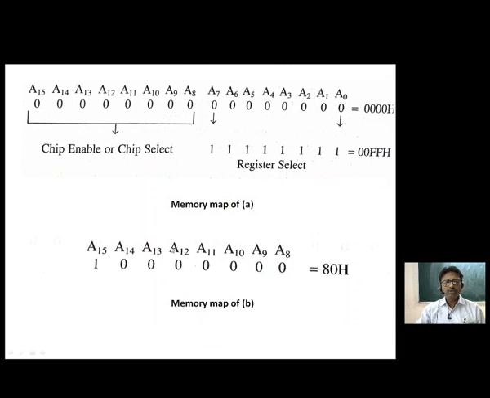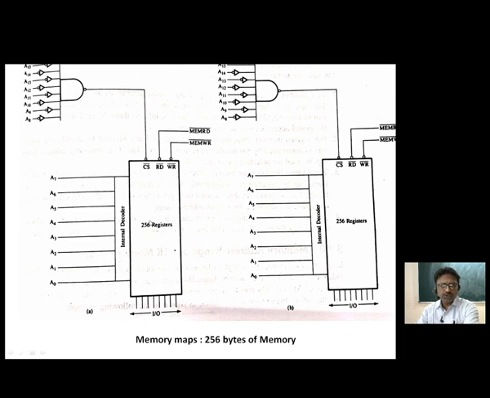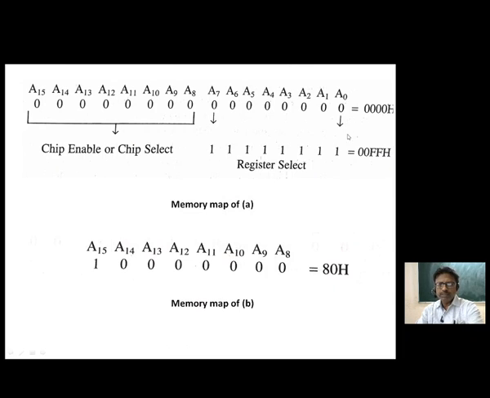This is how the memory map is made. For selecting the chip, we require all these values to be 0. For selecting the individual register, the values start from 0, 0, 0 and the last value becomes 1, 1, 1, 1. So the address defined for this memory will be 0000 to 00FF.